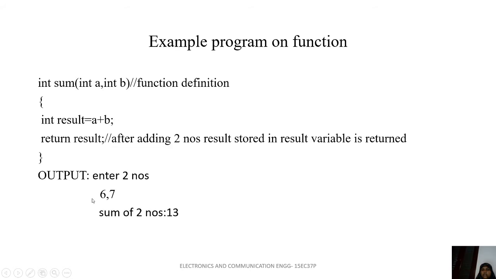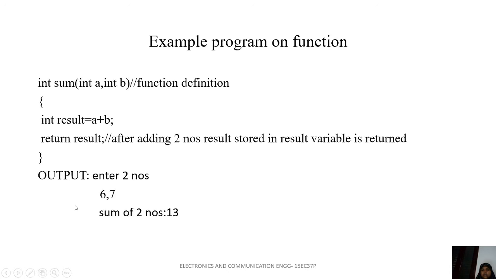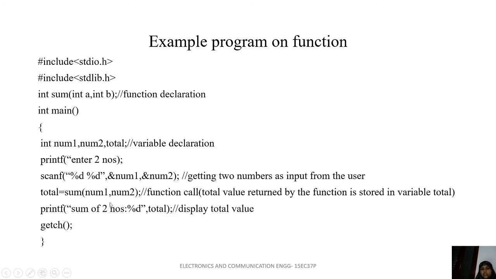Whatever calculation is performed in the subprogram or function is stored in the variable total, and it prints the sum of two numbers, total. That's it. So here is the output: enter two numbers, 6 and 7.